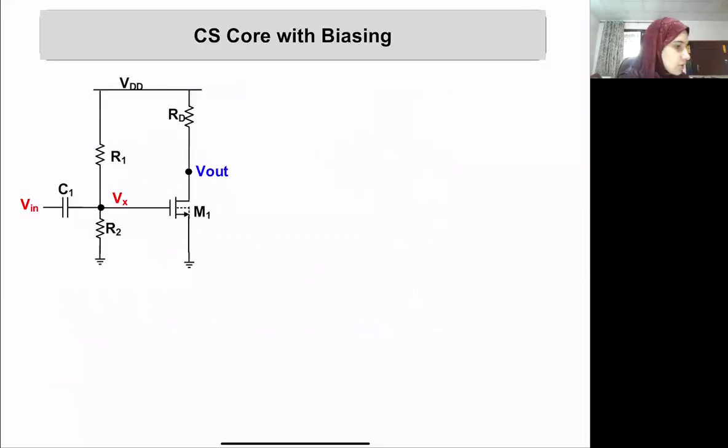Now we just want to talk slightly about the biasing of the amplifier. Sometimes when you apply the input, we can bias our common source this way. We have a sort of voltage divider here to provide a Vx voltage that's sufficient to make this transistor operate in the saturation region.